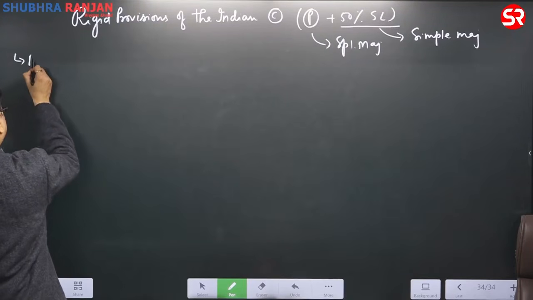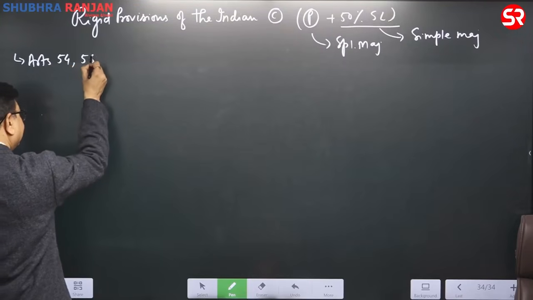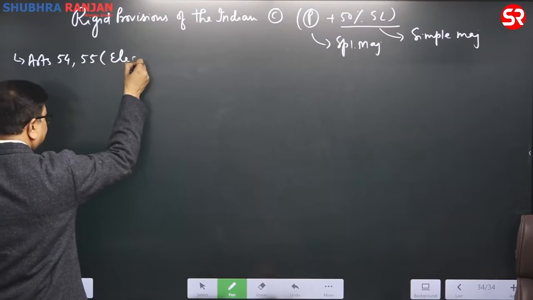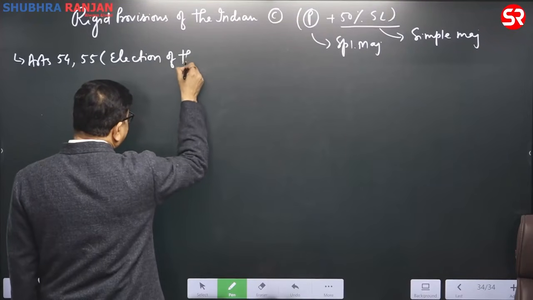First, Articles 54, 55 dealing with election of the president.